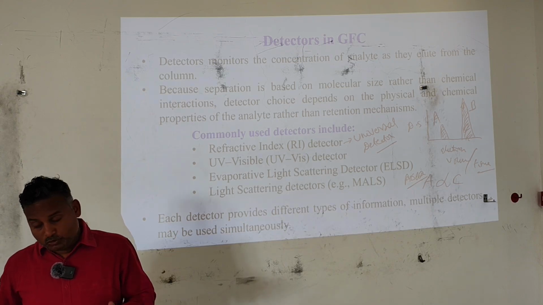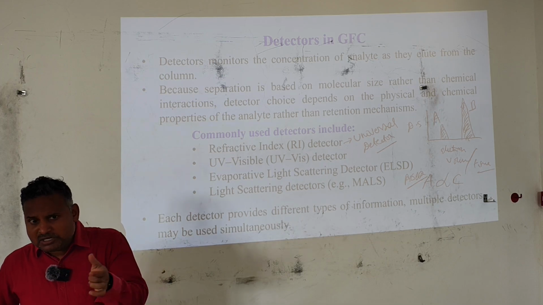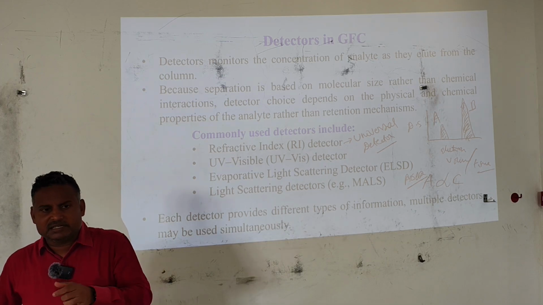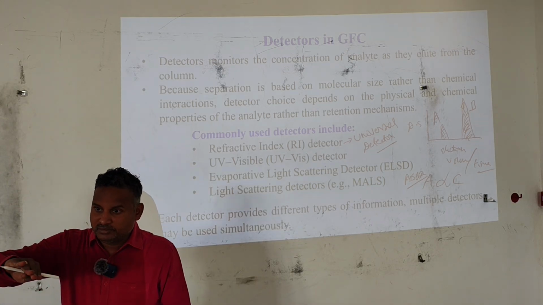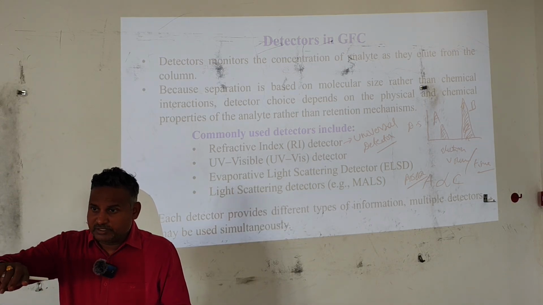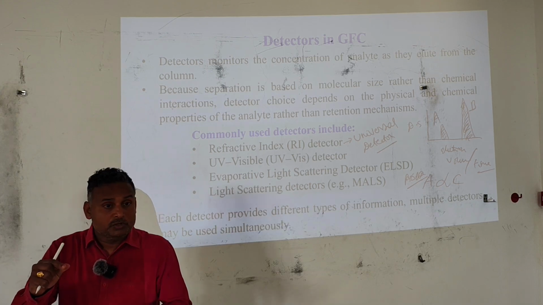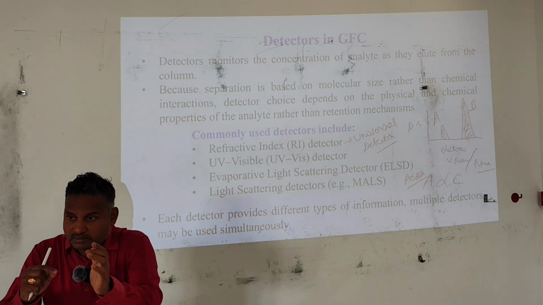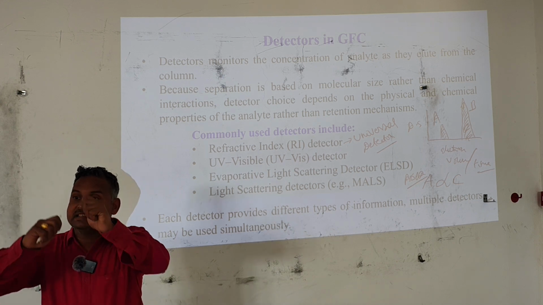Okay, so we are continuously detecting refractive index. For example, first solvent is flowing. Solvent will have very little refractive index. Now a particular compound entered. Now refractive index increases.